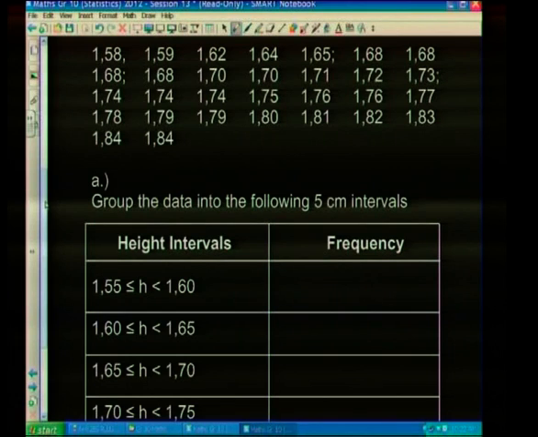Right. 158 falls in this class. 159 in this class. 162 is in the next class. 164 is in the next class also. 165 is still in this class. 168 in the next class, and so on.